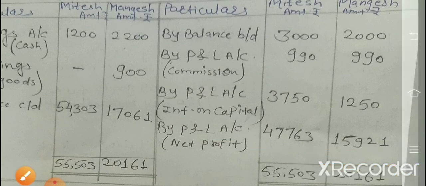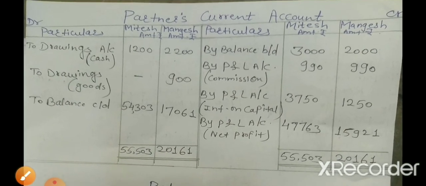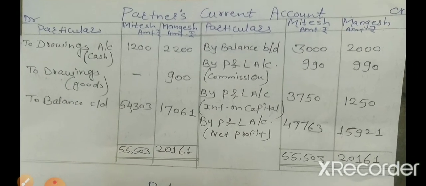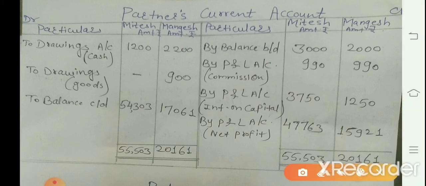Okay, now we can close the partner's current account. Compare both the sides. Obviously credit side is greater, so write the total on both the sides. Deduct the total of debit side from the total of credit side. For Mitesh, the difference we have written here, 54,303.